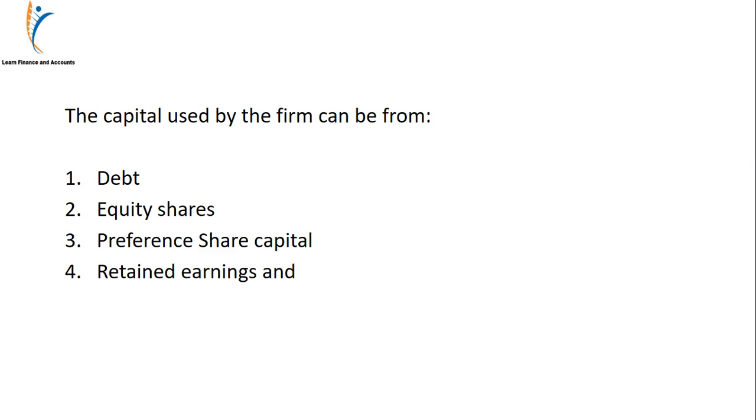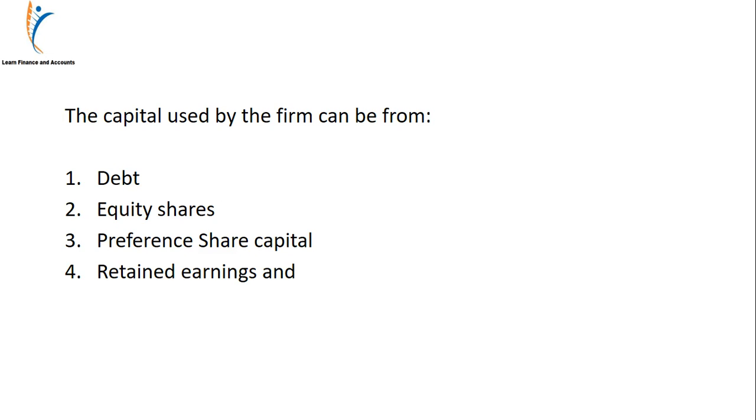But now suppose the company is new, it does not have any goodwill in the market, or people do not know about the historical data of the company, whether the company will be providing a dividend or not. So they will not risk their money by purchasing the shares of the company. So they want a fixed return. Either the company earns a profit or it incurs a loss, still they want their return.